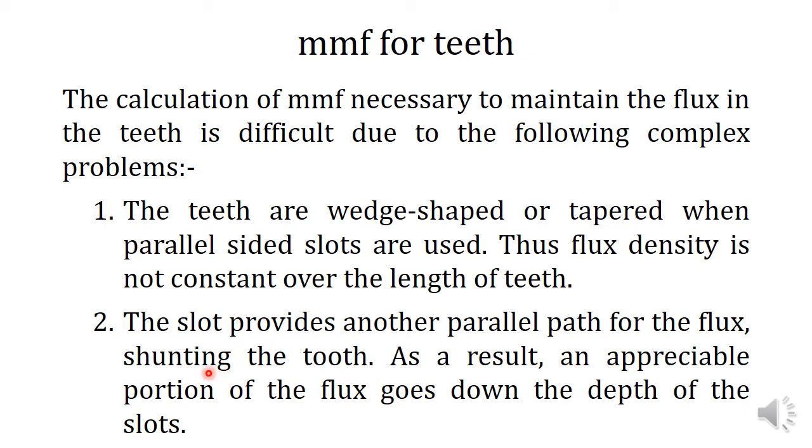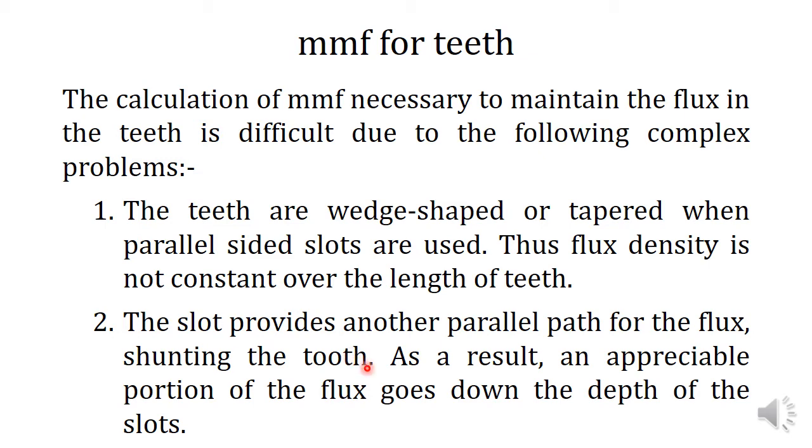So, it shunts the path through tooth. That means the flux passes through tooth as well as slots. As a result, an appreciable portion of the flux goes down the depth of the slots. These two are the major issues that make it difficult to calculate the MMF required for teeth.